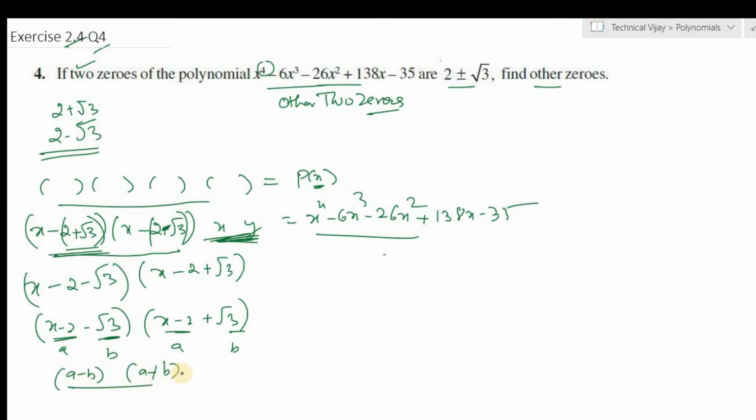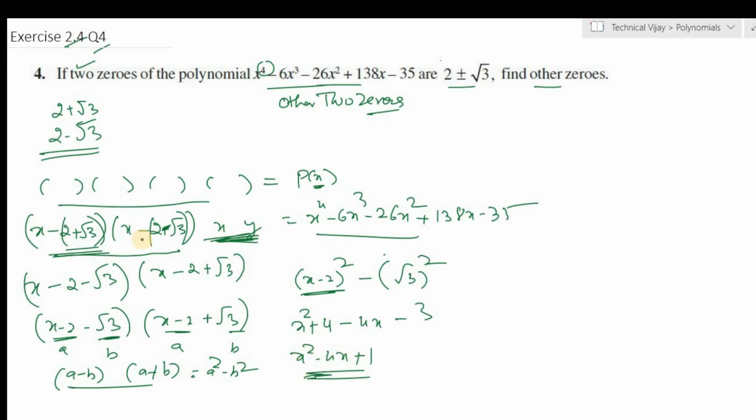So the formula will be a square minus b square. In the same way we substitute here. A square means x minus 2 whole square, minus b square means root 3 square. So x minus 2 whole square is x square plus 4 minus 4x, and root 3 whole square is 3. So x square minus 4x plus 1 is the product of these two factors.